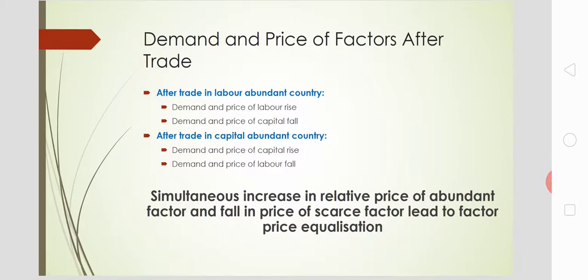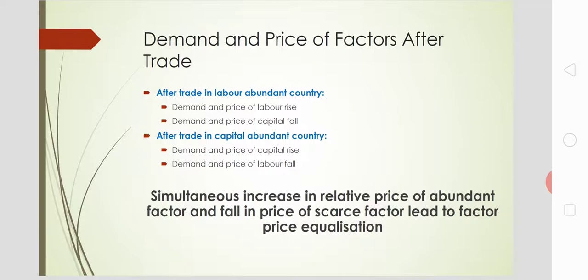In a labor abundant country after international trade, demand for labor will increase and the price of labor will increase. Similarly, the demand for capital will come down, and the price of capital will come down. Then similarly, in a capital abundant country after international trade or after specialization, demand and price of capital will rise as more and more capital is employed.